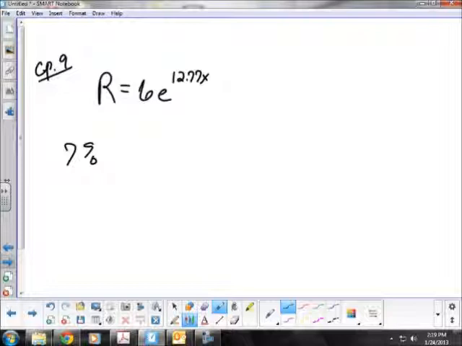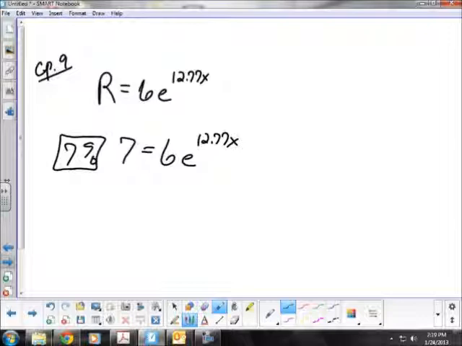So, where does the 7 go? Okay, so let's look at our formula over here. X is the blood alcohol concentration, and R, given as a percent, is the risk of having a car accident. So it's just a 7. It's not written as a decimal. It's written as a percent. So it's just 7 equals 6 times e to the 12.77x.